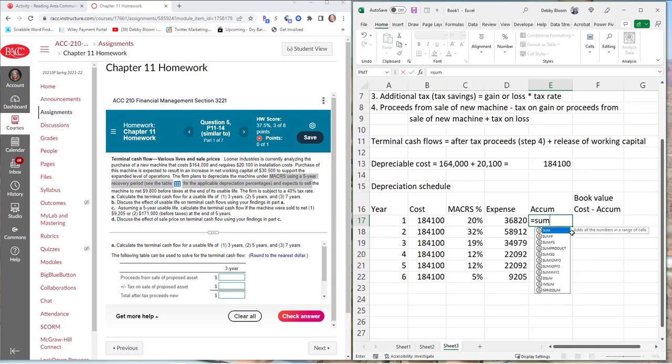I'm going to type equals sum, open the parentheses, click on the first expense, type a colon, close it out. Going to click in the first cell and change it to an absolute cell reference. So I'm telling Excel to sum up, always start at the beginning, but to end at the cell that's one to the left of the current one.